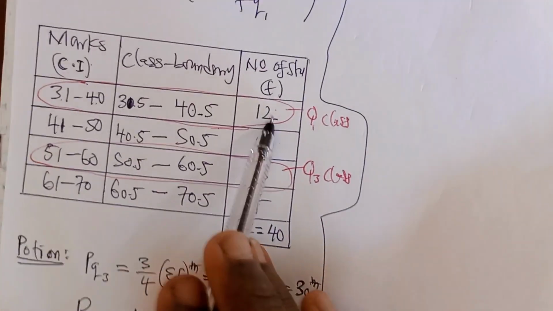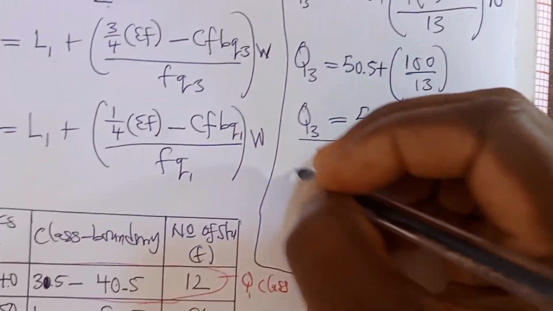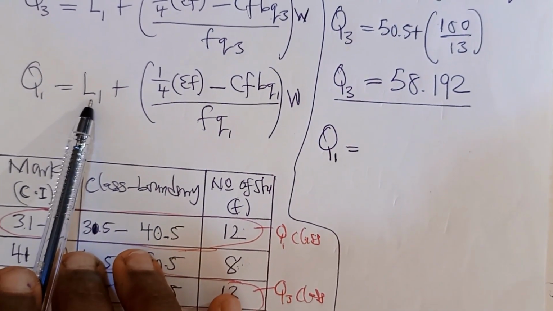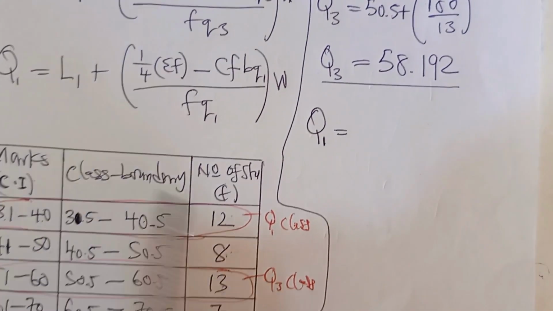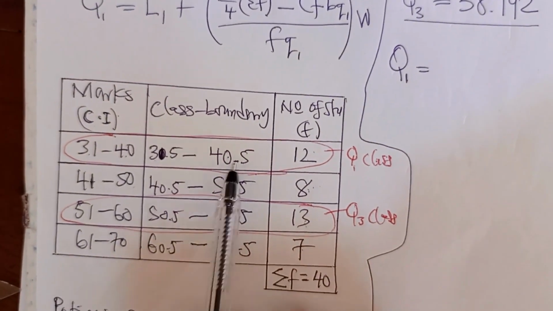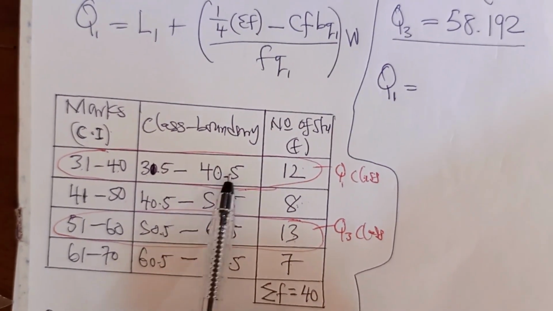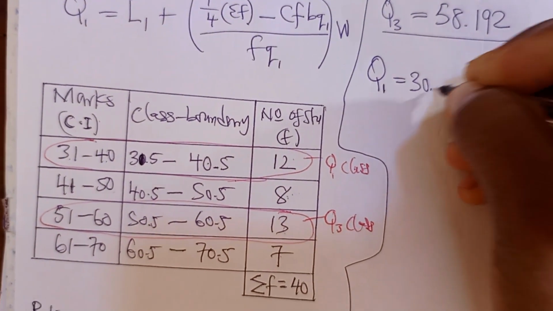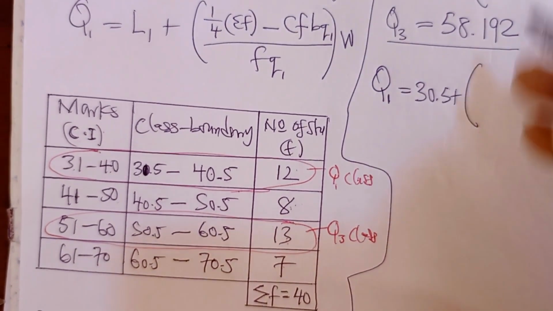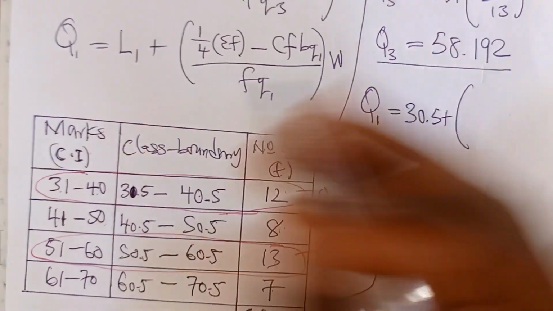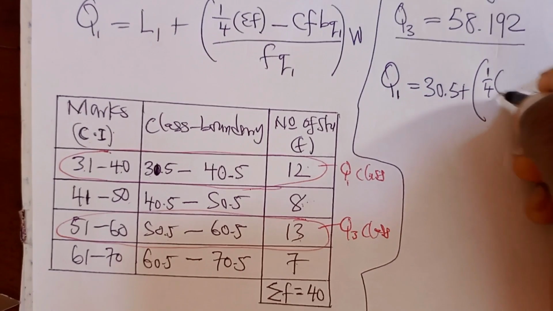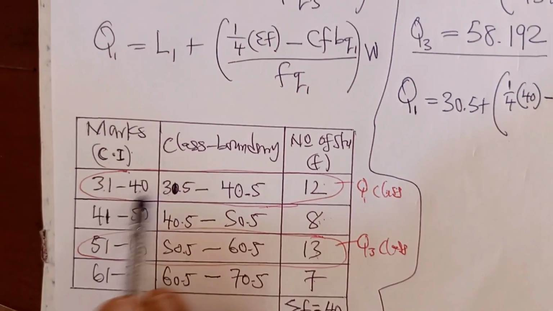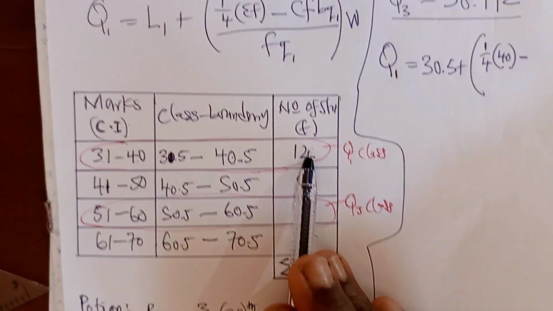So now that we know the Q1 class, we can go ahead and find Q1. We'll come here and say that Q1 is equal to the lower class boundary of the lower quartile. There are two class boundaries here, 40.5 and 30.5. The lower class boundary is 30.5. 30.5 plus 1 over 4 times total frequency, which is 40, minus the cumulative frequency before the lower quartile.